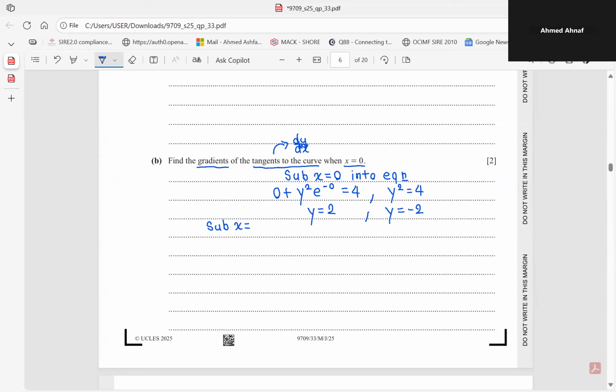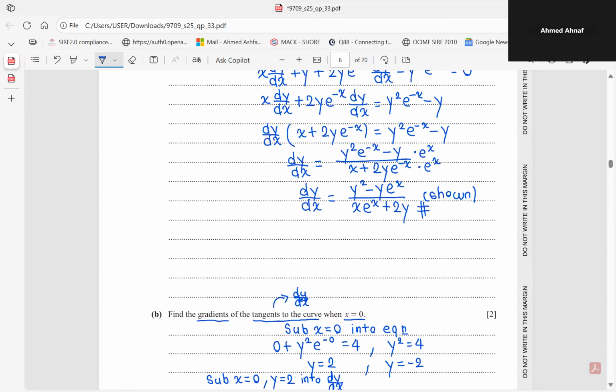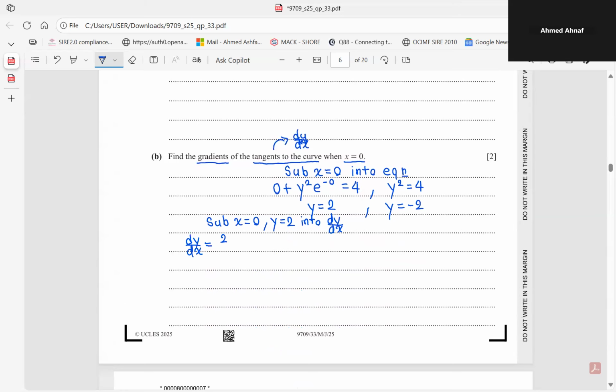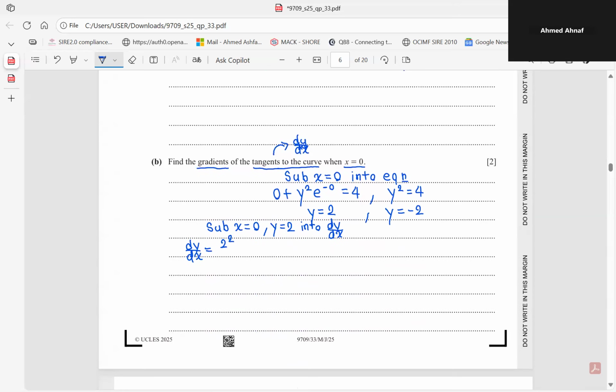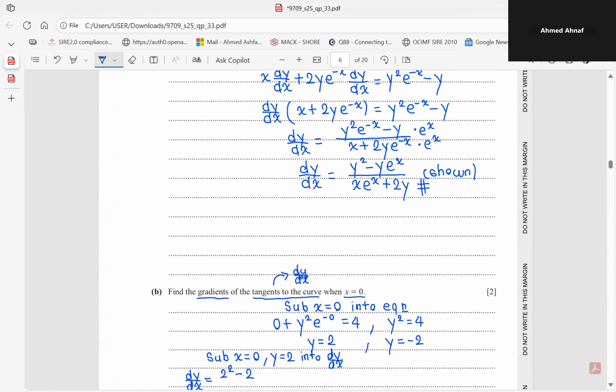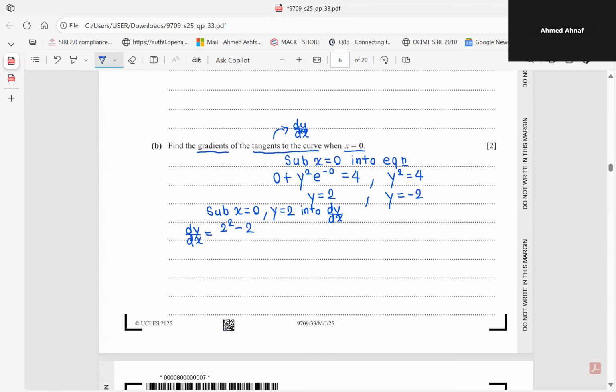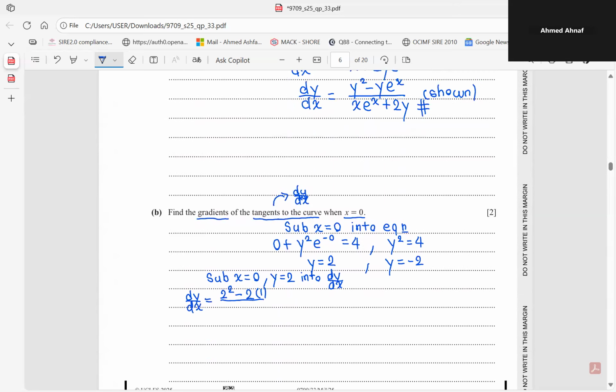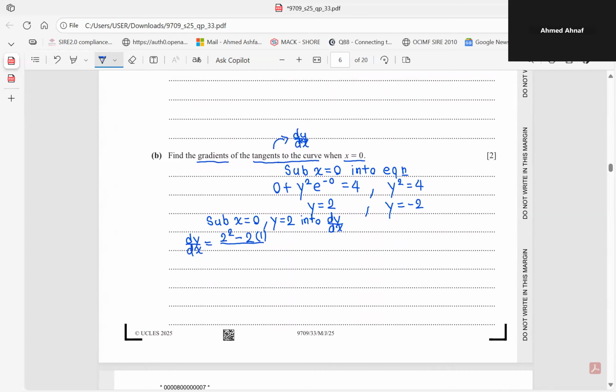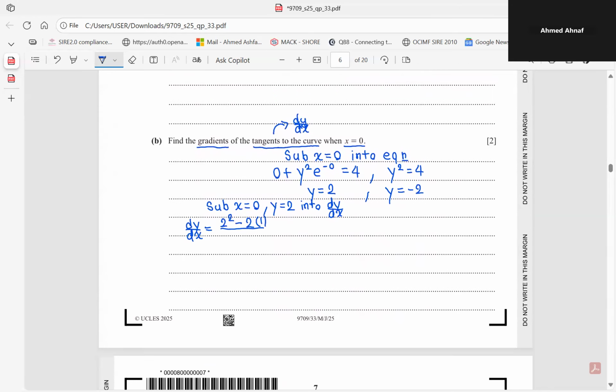So x equals 0 and y equals 2 into dy/dx. So dy/dx will be equal to y², that is 2², minus y, so minus 2, times e^x. So e^0, that's 1, over x times e^x, so that's 0 times e^0, that's 0, plus 2 times 2.